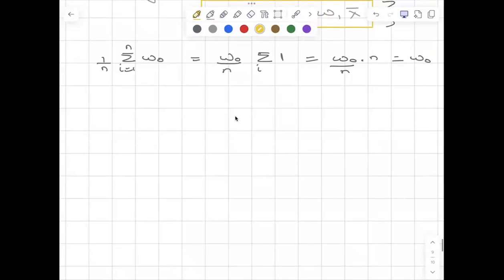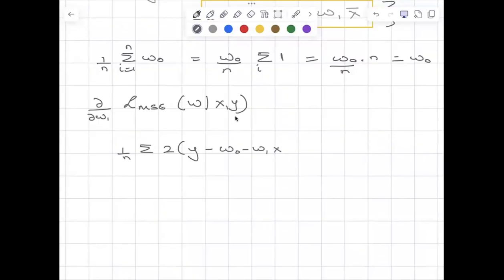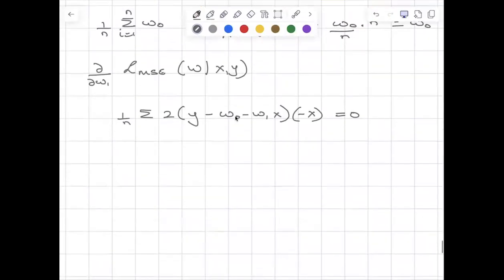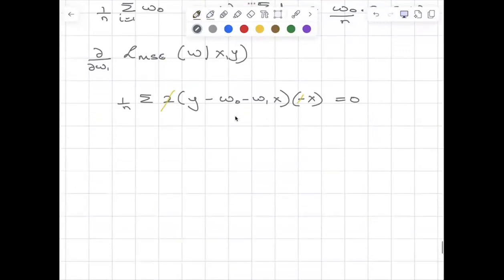So if I take the partial derivative of the loss with respect to W1, I get 2 times y minus W naught minus W1x into -x, instead of that -1. And now let's see what we can do with this. I can get rid of the -2.